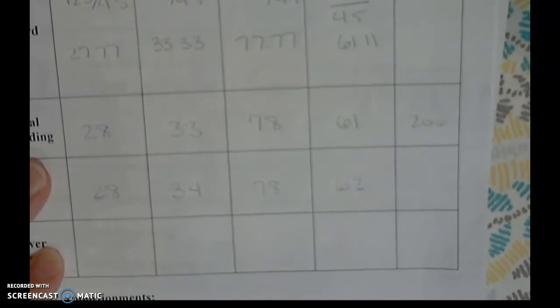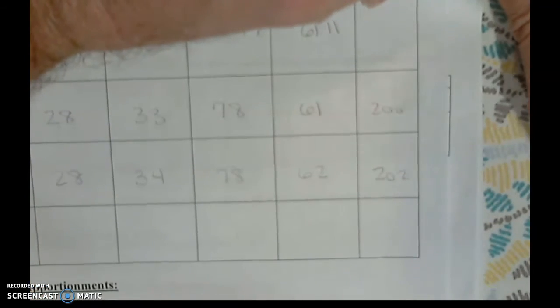Okay, so the first one you got 28 plus 33 plus 78 plus 61 was a total of 200. All right, this one you got 28 plus 34 plus 78 plus 62, and that was 202. Okay. We got 202.